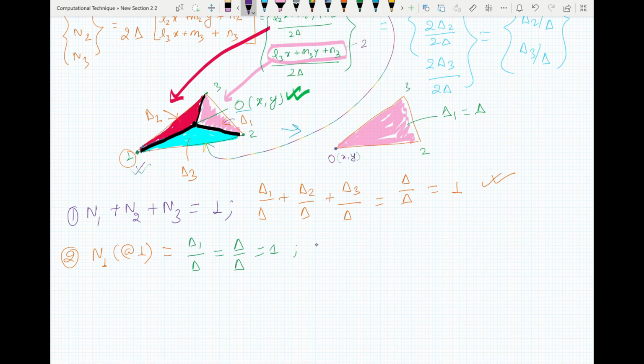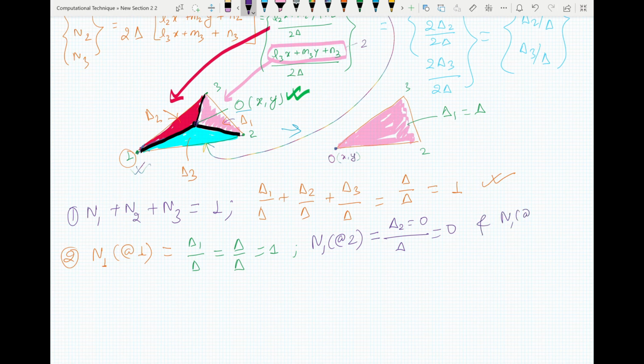Now the other condition is that your n1 at 2 must be equal to 0. When you move this point to 1, it stretches, and you see that your delta 2, which is the red color, is not visible. So your delta 2 will be equal to 0, and divided by delta, this will be equal to 0.